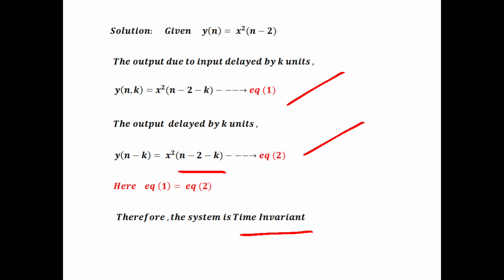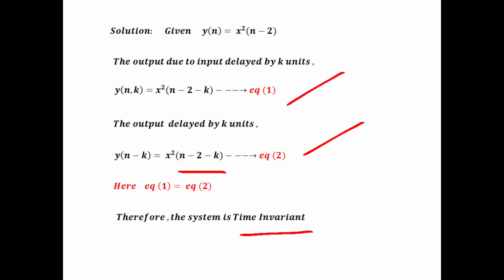Let me tell you another question in the same way. X of n square minus 2. Listen carefully. X of n square minus 2 minus k will be the first expression. The second expression will be x of n minus k the whole square minus 2.